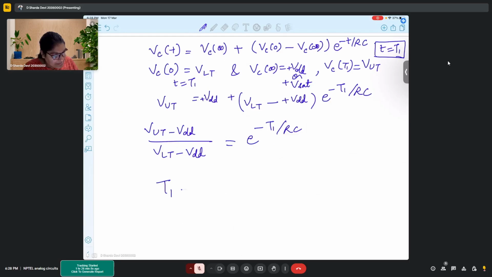So T1 is nothing but RC ln (VLT minus VDD) upon (VUT minus VDD).